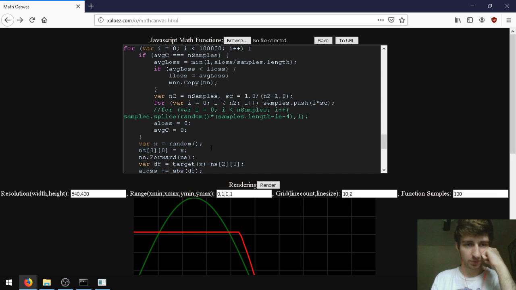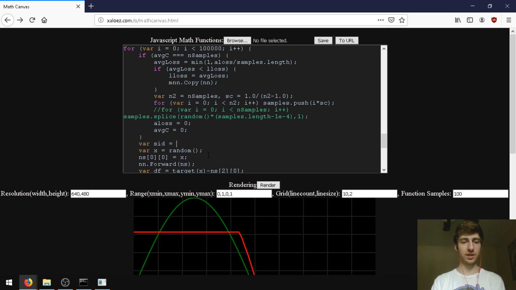So now that we have our samples, when we do X, if we want to get a sample, we do sample ID equals random times. It's basically random samples picking out of a hat. So floor this as well. I've got floor.